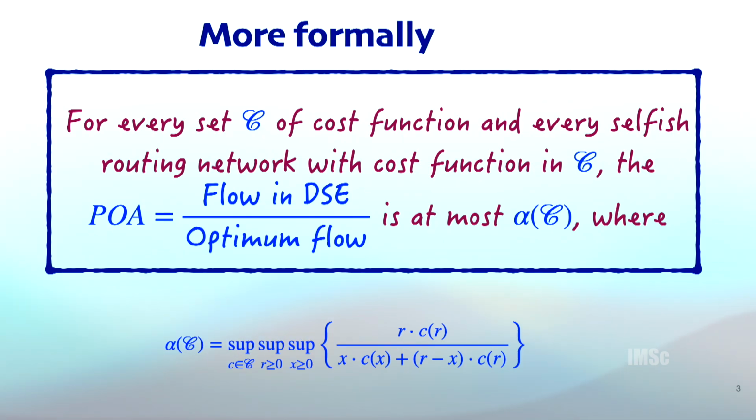So, this statement, I think there was an underline. To draw your attention: for every set C of cost functions and every selfish routing network, where a selfish routing network is the type of network we have been talking about, where people are selfishly trying to decide which is the shortest route they can take to go from A to B, such that the cost function is derived from C, the price of anarchy is some value derived from the class of functions.